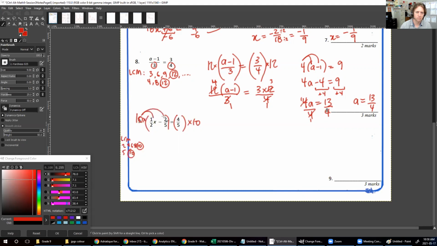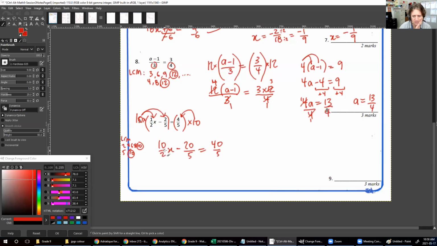And I'm going to multiply it through to each of these. So I have 10 times 1/2, or 10 halves x. We have 10 times 2/5, so it's minus 20 over 5. And here it's going to be 10 times 4 is 40/5.